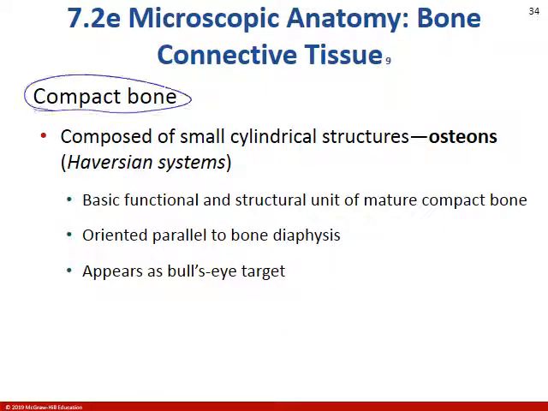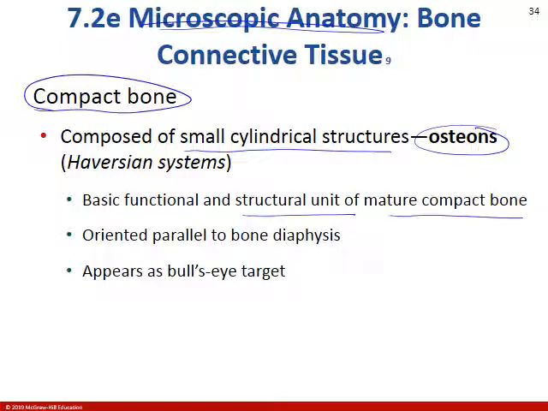So you need to know a little bit about the microscopic anatomy of compact bone. What makes compact bone compact? What gives it strength? There are these small cylindrical structures called osteons, and they're the structural unit of mature bone. It almost looks like a bullseye or a target, or some people say tree rings.